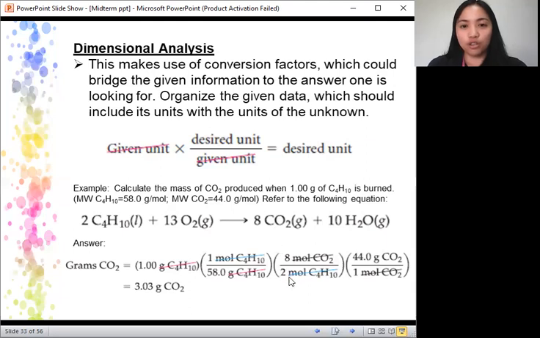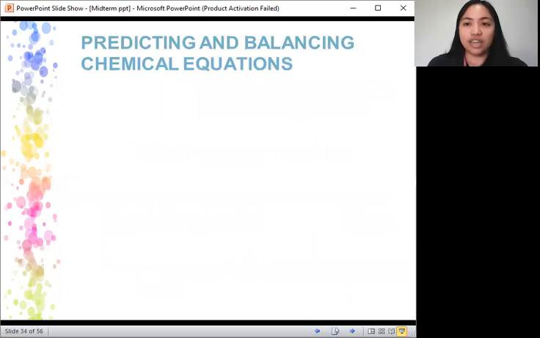So you also put this as your conversion factor, and then kay grams man or mass man ang ipangita sa CO2, so you also have to use the molecular weight of your carbon dioxide para imuhang end nga unit is gram. So cancel, cancel, cancel, and you will have this for your mass of your CO2. Okay, so that's it for the lesson, from lab safety to activity 3, the scientific measurement.